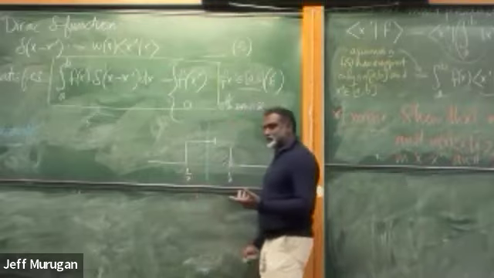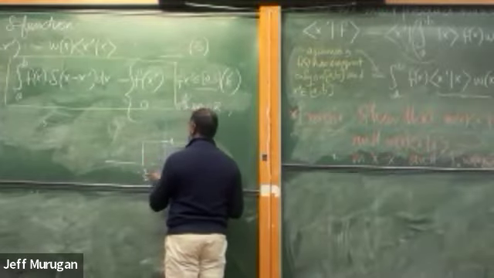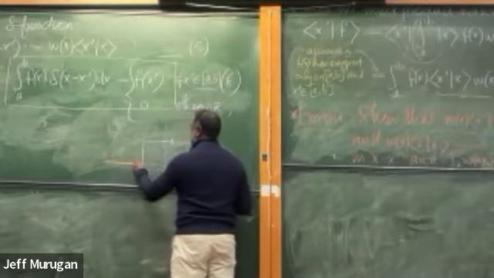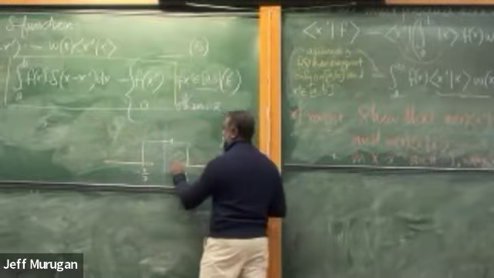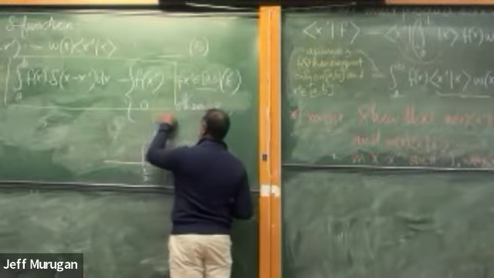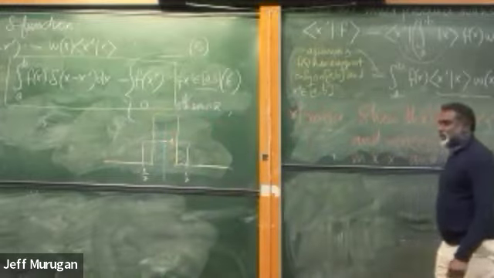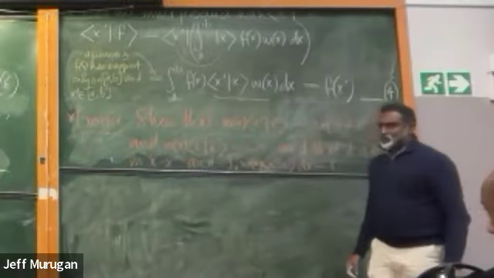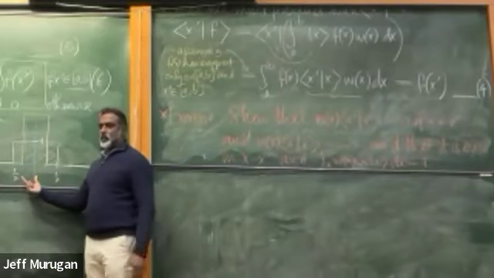And now I think of a limiting process. Imagine I halve this interval. For the next function, I consider a function that is 0 everywhere except here, and then I double the height like this. So 2 times a half is 1.